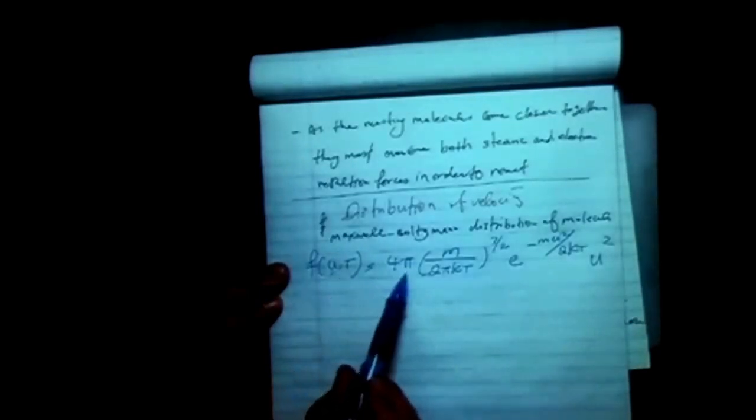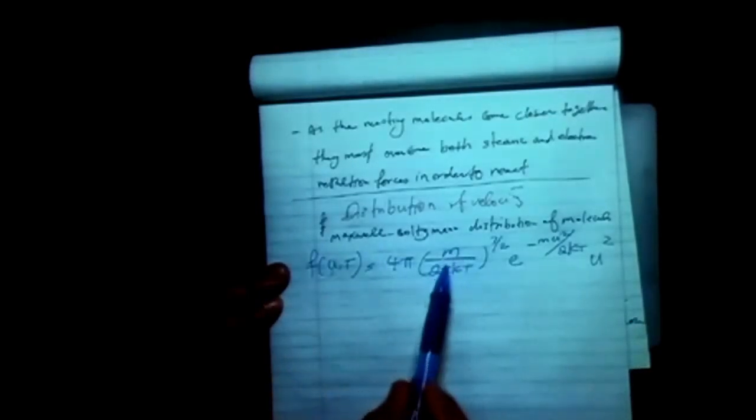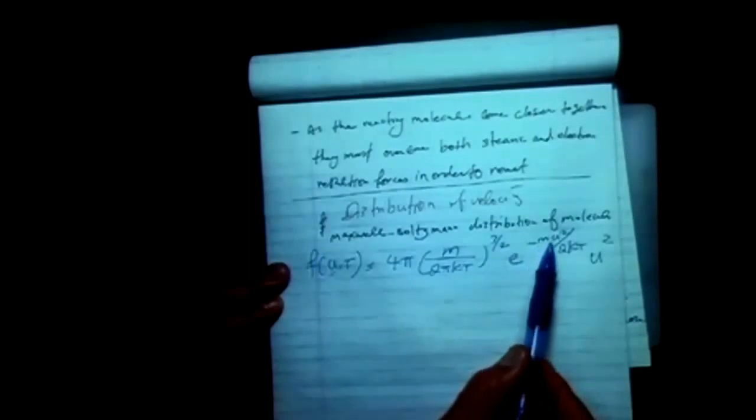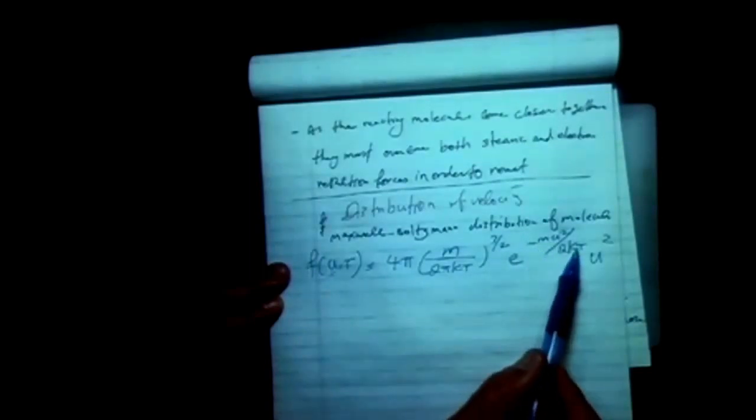So it's f of u and T, 4 pi, where m is the mass of the atoms or molecules, 2 pi kT to the 3/2, e to the minus m u squared over 2kT, u squared.